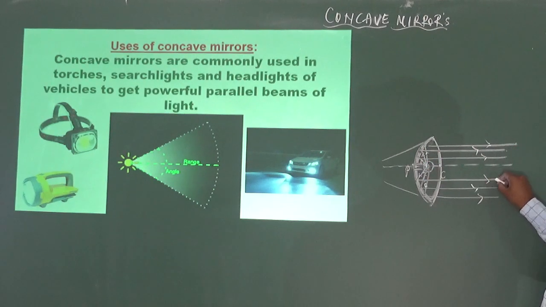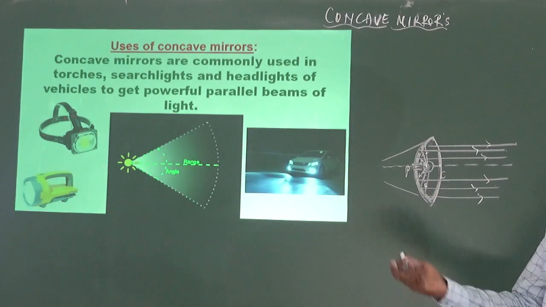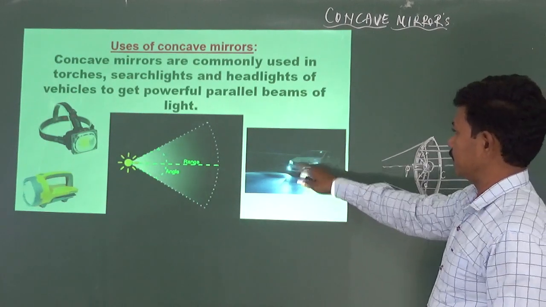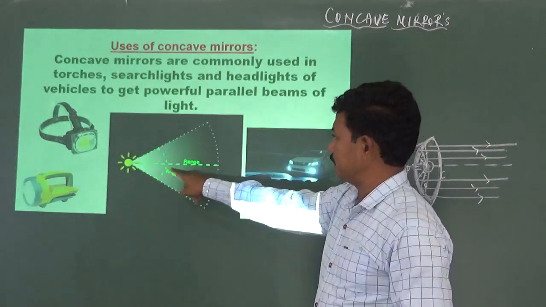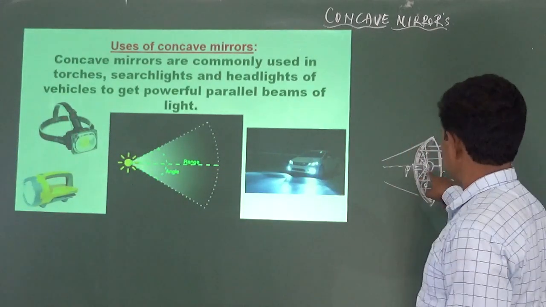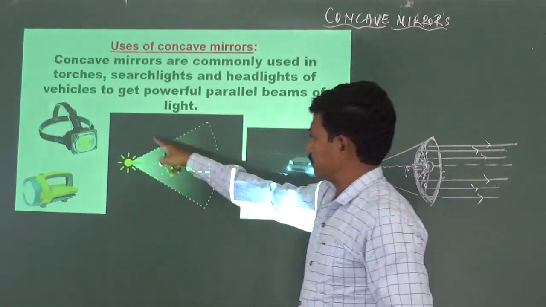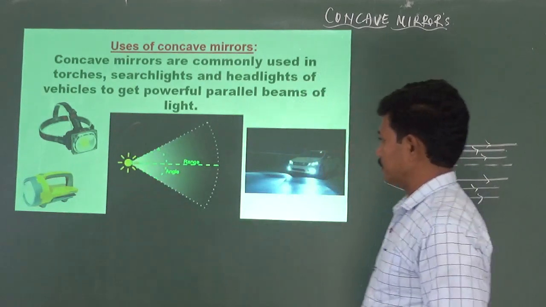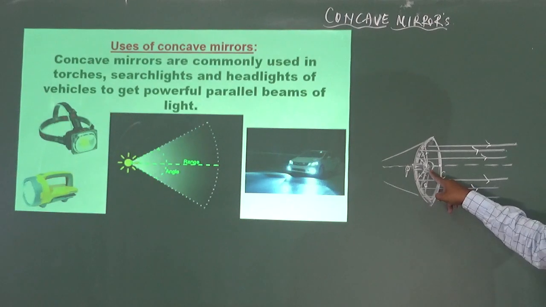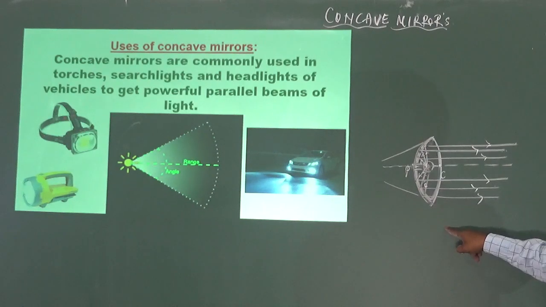So this is the parallel beam of light rays coming from the headlight of any vehicle, a bike or a car, whatever it is. You can see here the headlights of the car. That is the bulb, which is placed here, and this is the concave mirror behind it. You should very carefully place the bulb such that it is at the focus of the concave mirror.